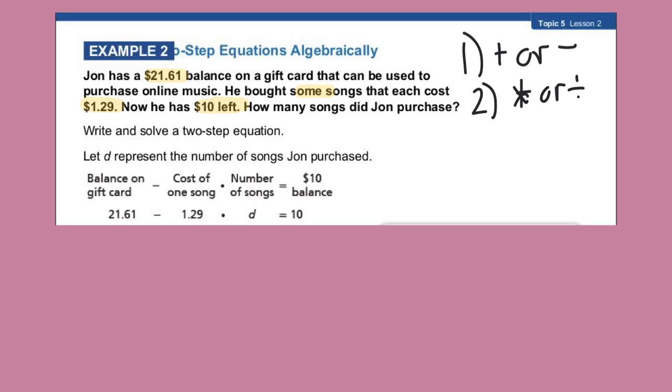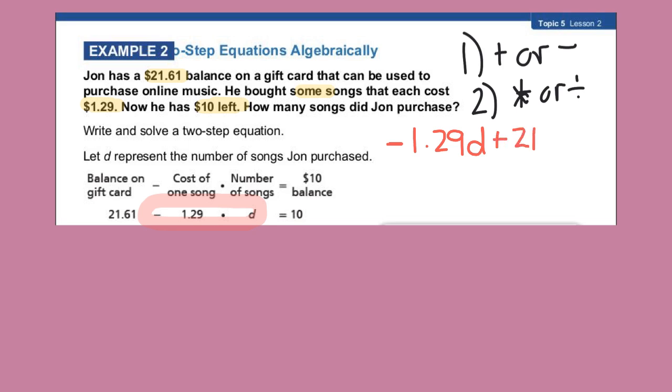All right, now they have your equation here for you. I'm going to clean it up a little bit. I don't necessarily like my variable term to look like this, so I'm going to make sure I grab the sign in front of my number. So I'm going to be charged $1.29 every time we buy a song.